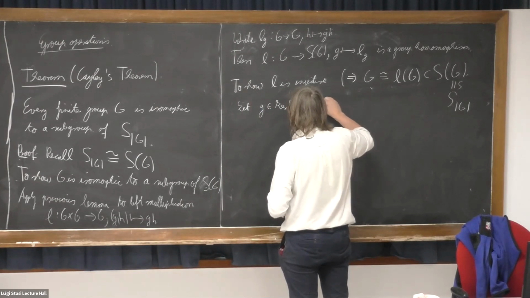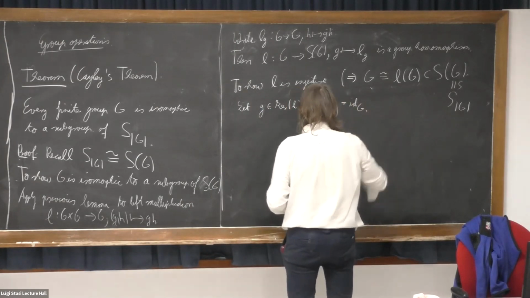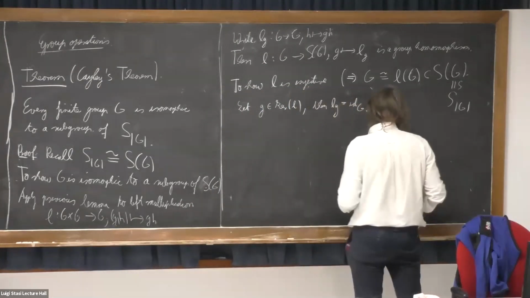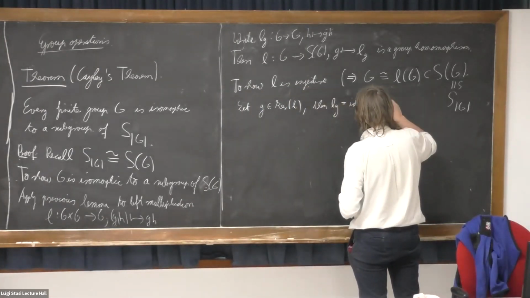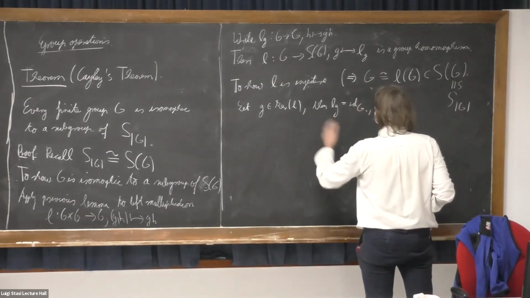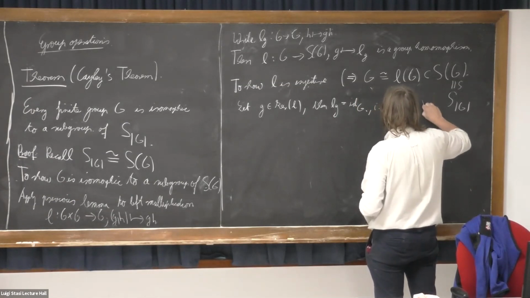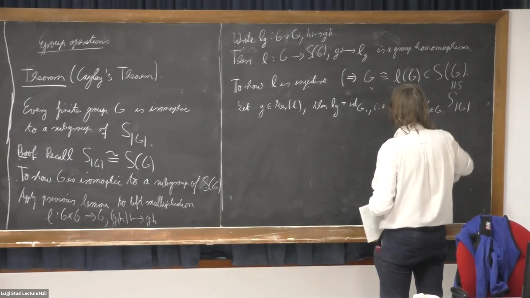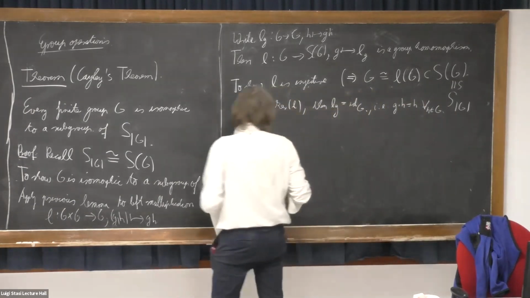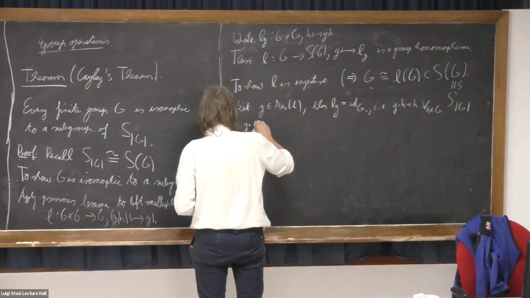So then L_g is equal to the identity on G. That means that L_g was multiplication on the left by g, so g times h equals h for all h in G. So in particular, g times 1 is equal to 1.